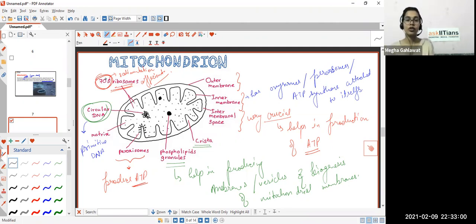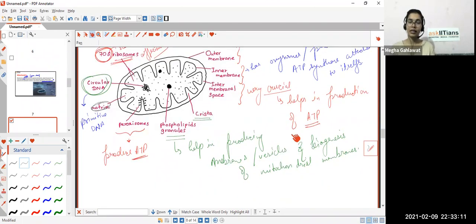Now, that being said, we're just left with discussing one thing, the matrix. Now, see, the matrix is very important. Why? Because it is just like the cytoplasm.